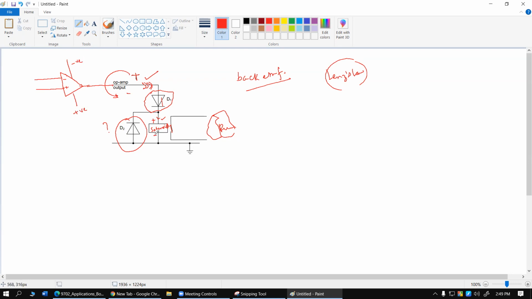Because of the back EMF, a very large current tends to flow through the op-amp components and eventually through the op-amp output. This large current can be detrimental, can significantly damage our op-amp device, which we don't want to happen.